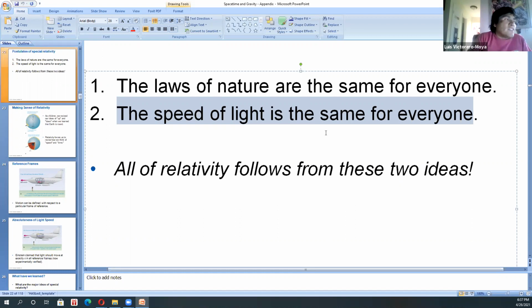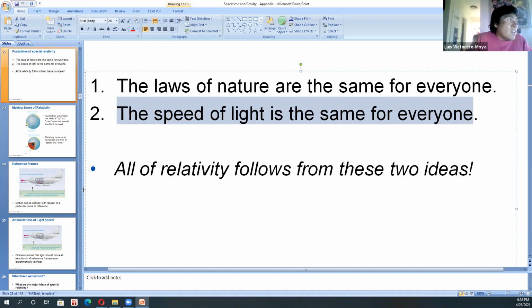For light, that's not the case. There's no frame of reference for light. Light is the same for everybody. So if you are outside or inside a train and you shoot a laser, you will measure the same speed for the speed of light. That's why if two spaceships traveling at near the speed of light are approaching each other, they will not see a speed faster than the speed of light, which, according to Galileo, would be a contradiction, right?